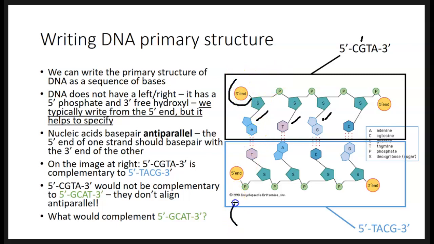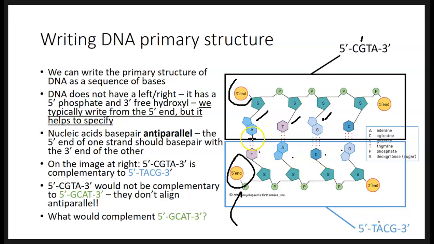If we look at the complementary molecule down here, we have the 5' end of the molecule, and the first nucleotide is a T, then an A, then a C, then a G. So that's 5' T, A, C, G.